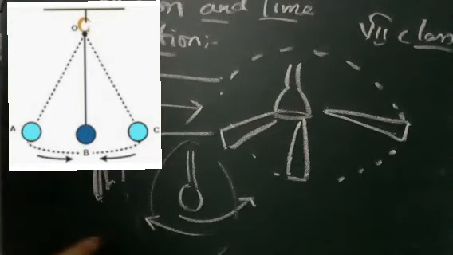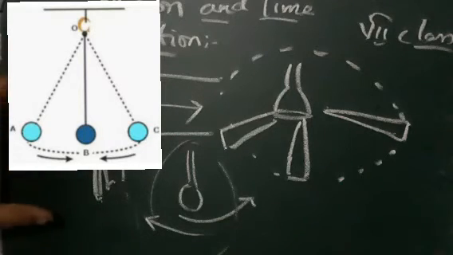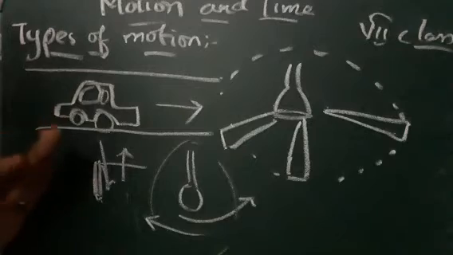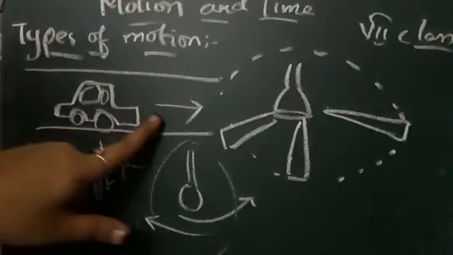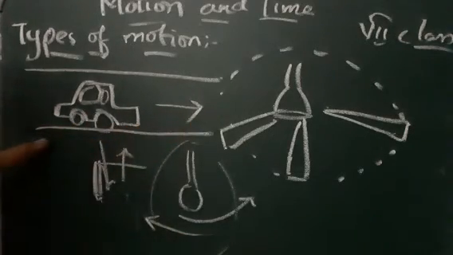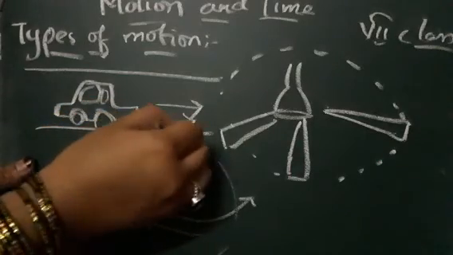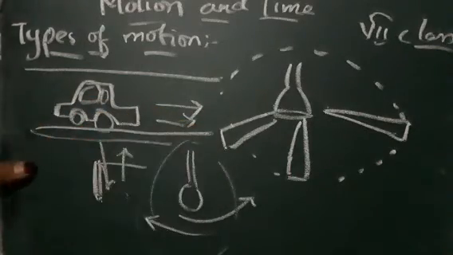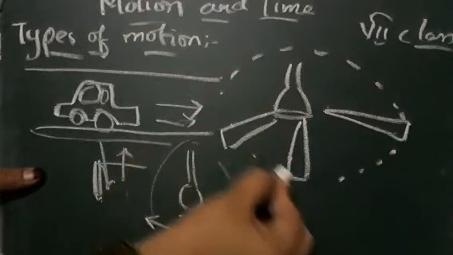So considering the directions of motion, what differences do we notice in our examples? If we see the direction, what differences do we observe? We see that there is a straight line, the direction is in this direction, so it has a straight line path. If you see here, the direction is in circular motion.